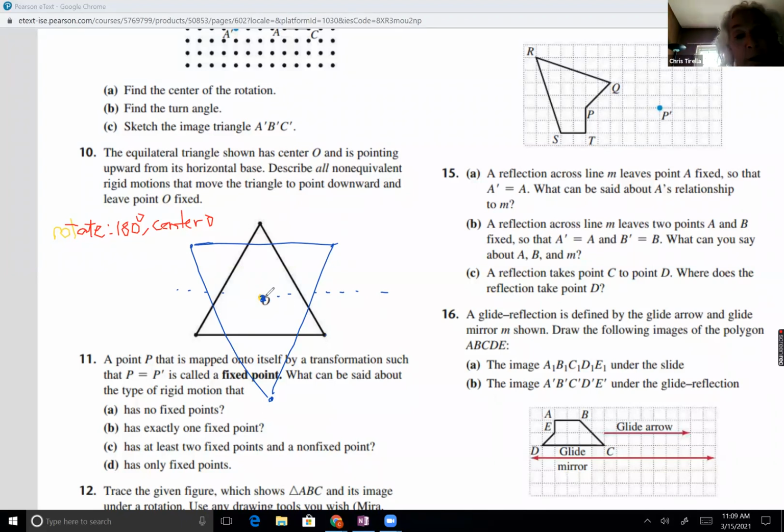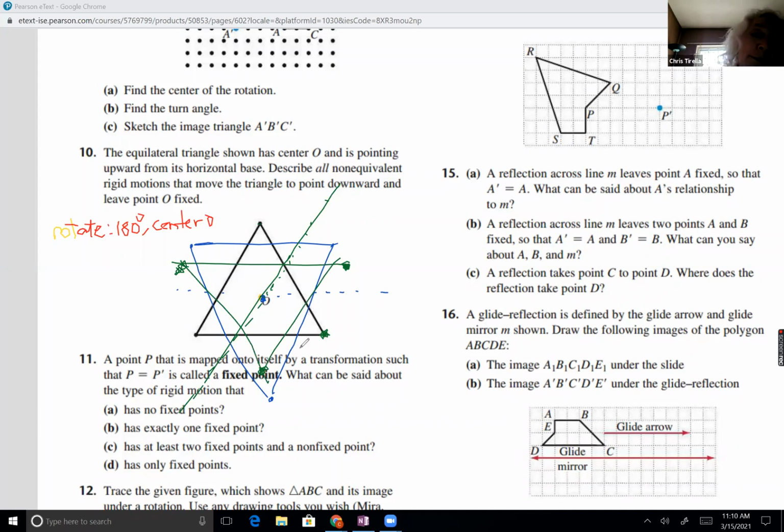What if I took a line parallel to one of the other sides? Do you see this green line that I'm drawing in? This point would go here. This point, if I folded over the green line, would go here. This point, if I folded over the green line, would go here. And wouldn't that turn it upside down?